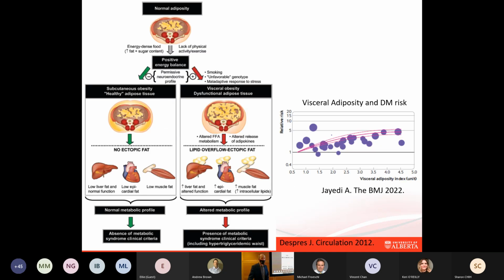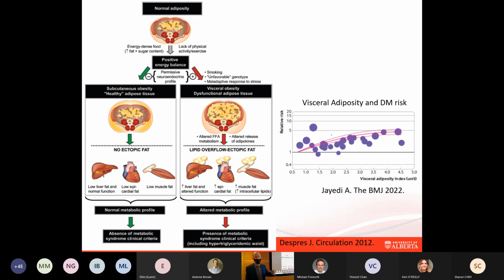And in fact, and I'm not an expert on this, but I'm learning about it, and probably Peter Liu and other people can talk about this in greater detail, but ectopic fat is recognized to play an important role in metabolic syndrome. And in this diagram, you can see that patients getting energy-dense, rich foods and lack of physical activity contribute to a positive energy balance.